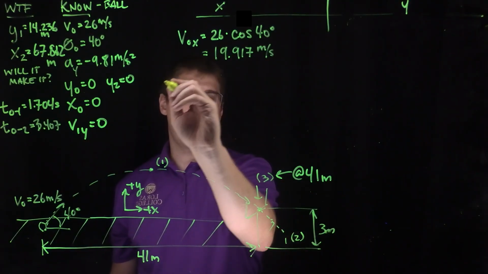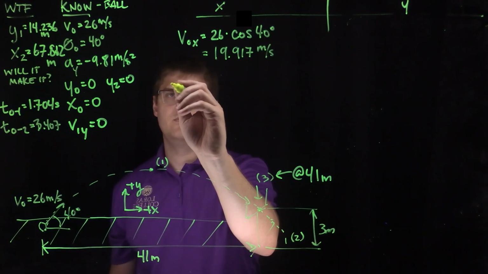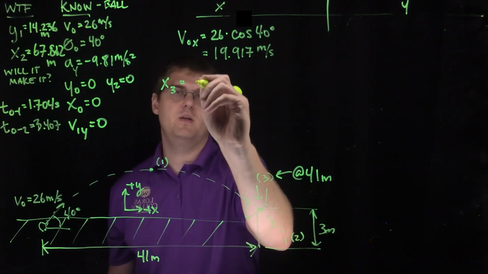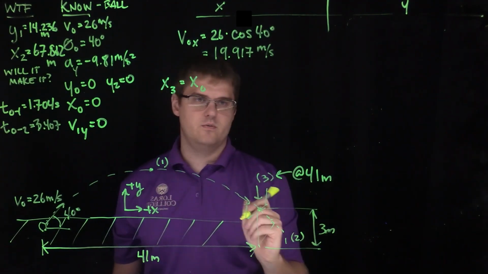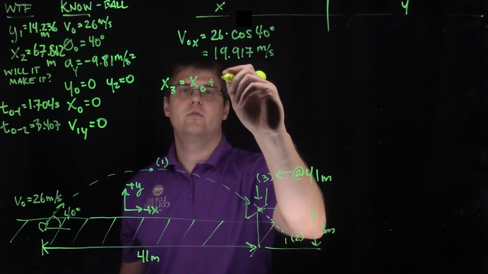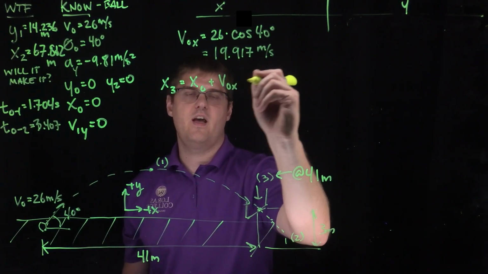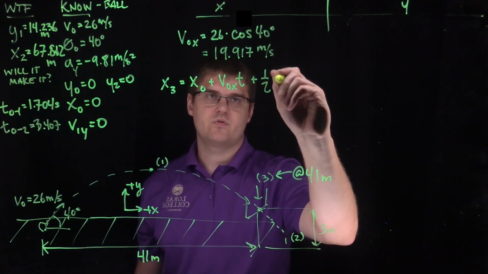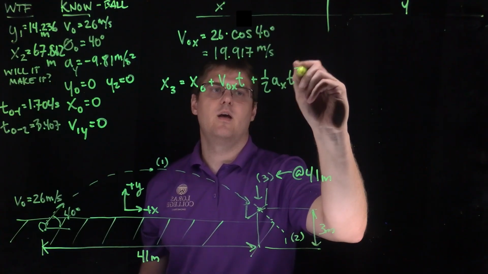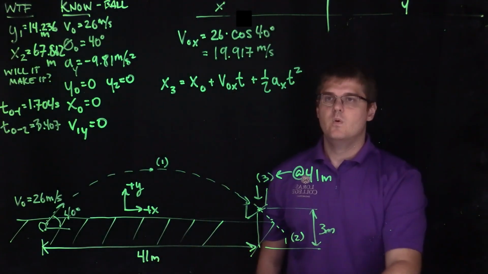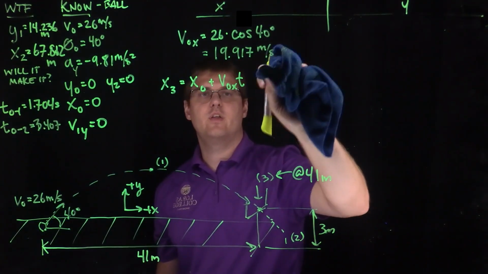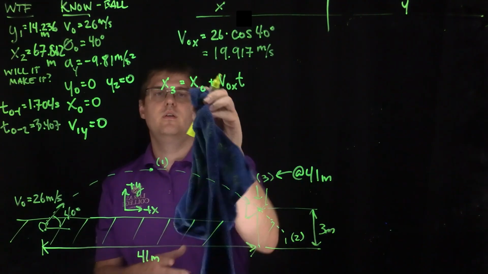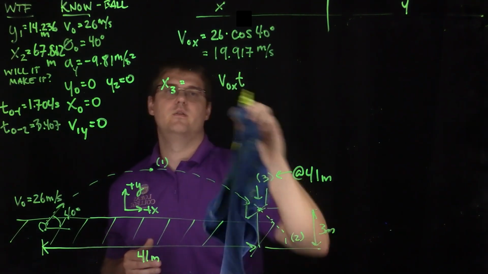So what I'm going to do is say that x3 is going to be equal to x0 plus v0 in the x times t plus 1/2 acceleration in the x times t squared. Well, acceleration in the x is 0, so that goes away. And my x initial is 0, so that goes away.